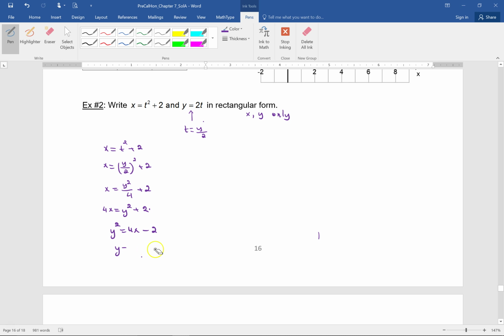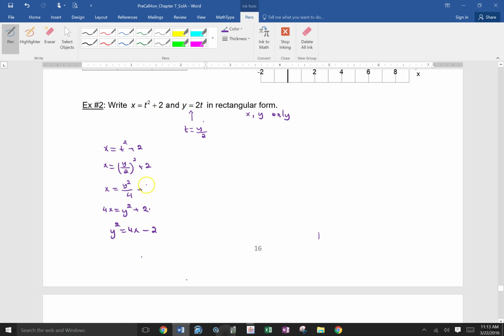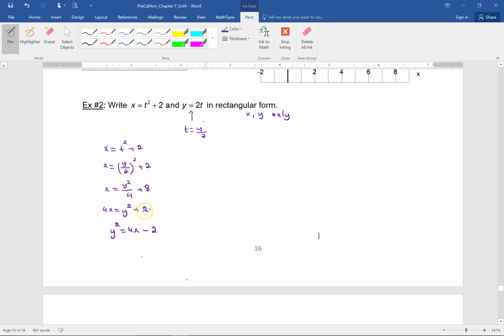You have to move the 2 and then multiply by 4. I meant to multiply this by 4 as well. Okay, so y squared is 4x minus 8.